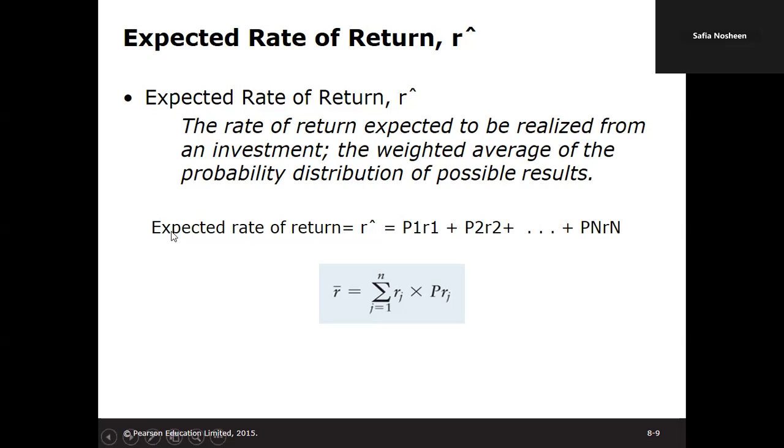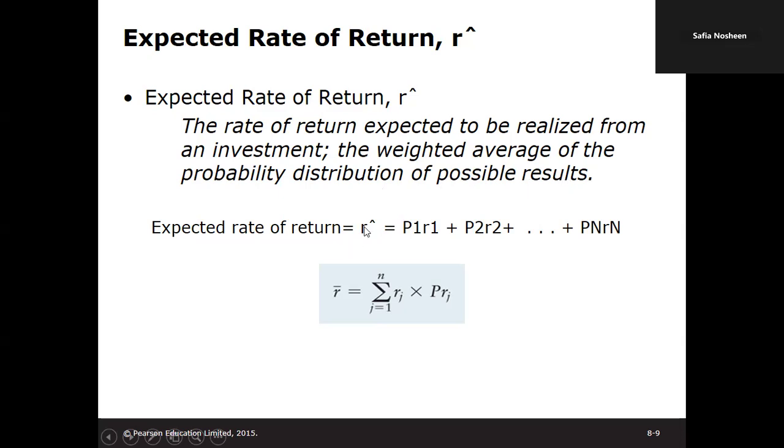These expected returns are based on the probability distribution values, and they are the weighted average of the probability distribution of the possible returns. What does it mean?